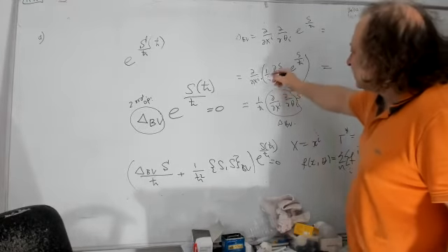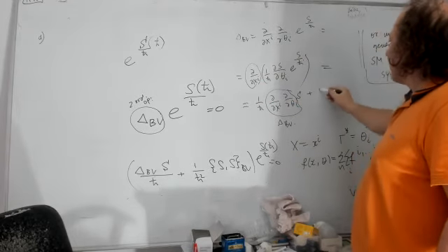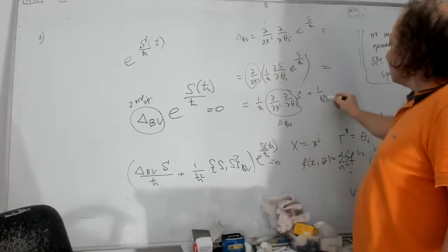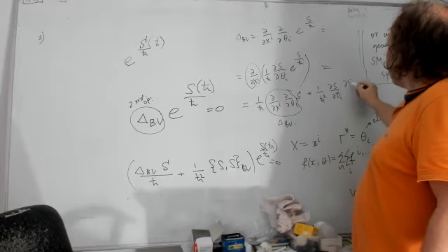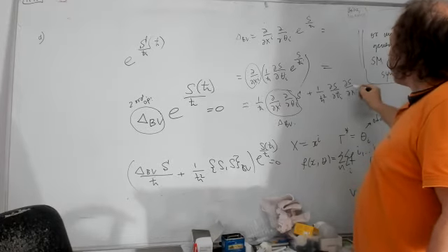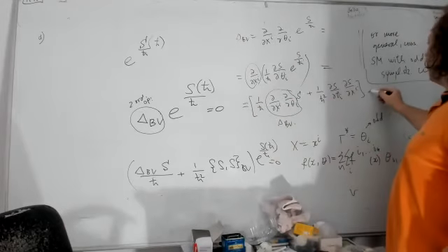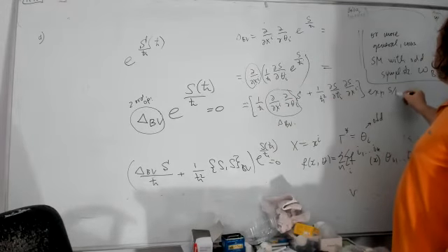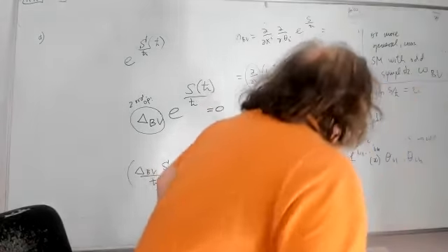Plus, another case is when this d over dx^i hits here. And everything is multiplied by the exponent of S over H, and this equals 0.